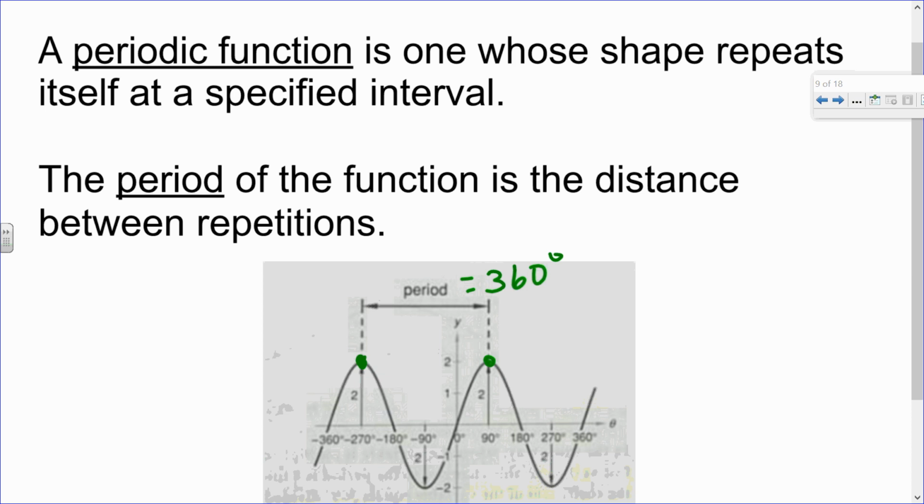But if they had not labeled the maxes, we could have looked at two mins, because they're the same kind of point. We could have said we have a min at negative 90. We have another one at positive 270, 90 on that side, 270 on that side. They're 360 apart.